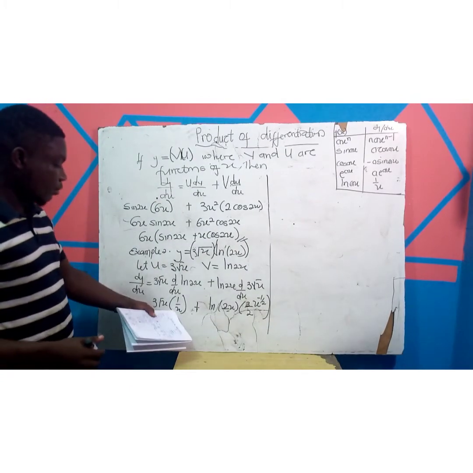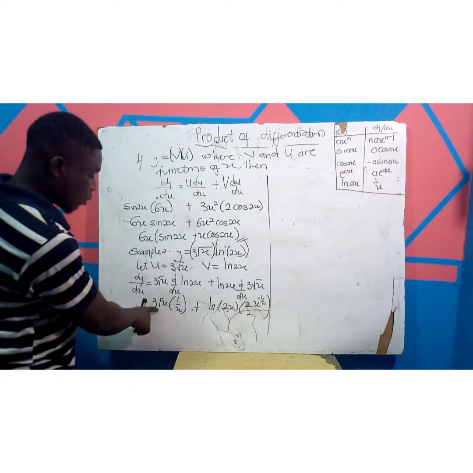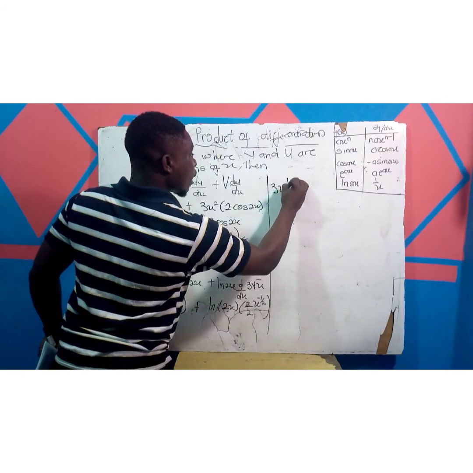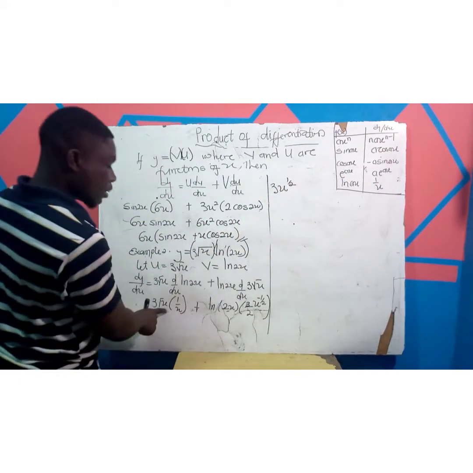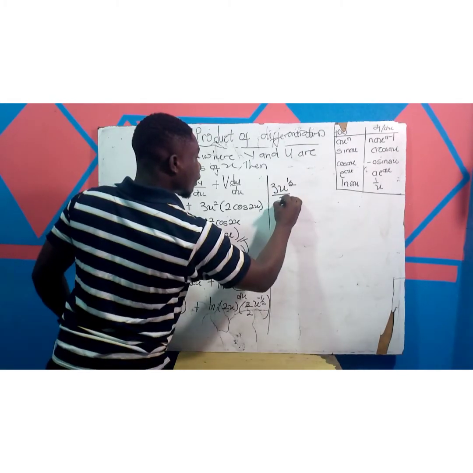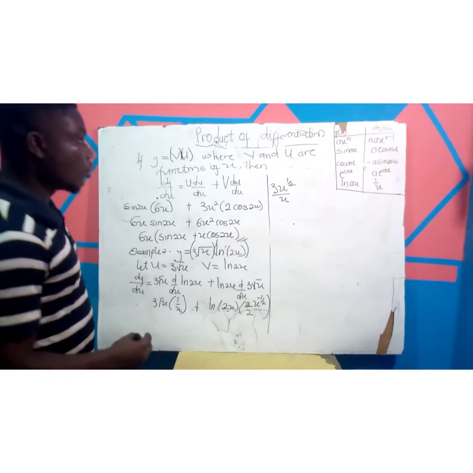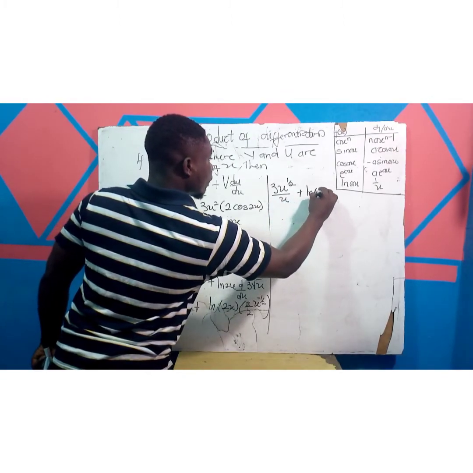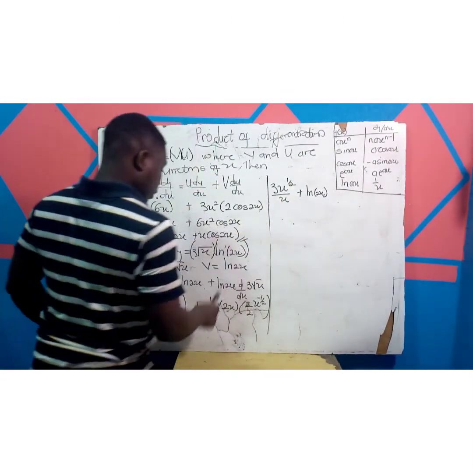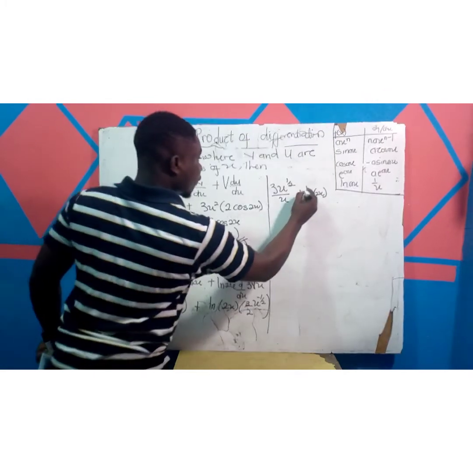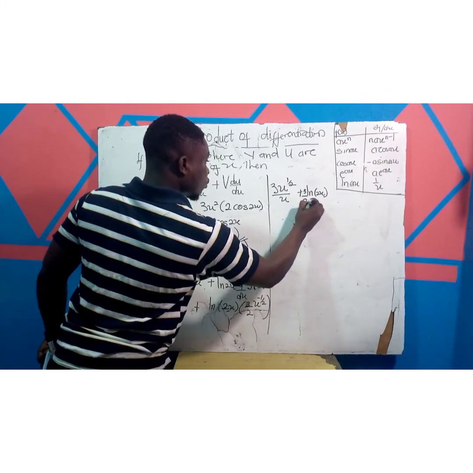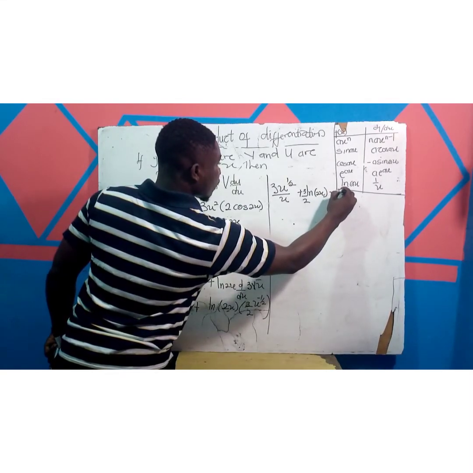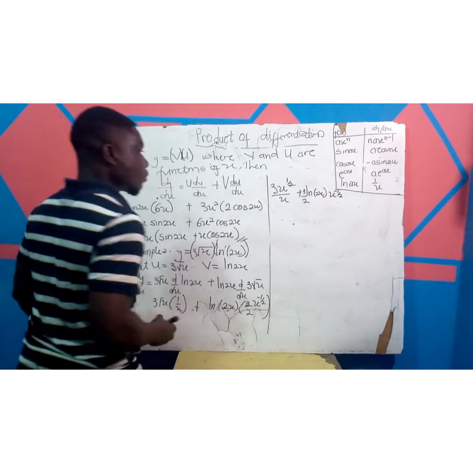This can also be written as 3x exponent half times this divided by x, plus ln of 2x times that. So you're going to have 3 over 2, we have our x exponent of negative half.